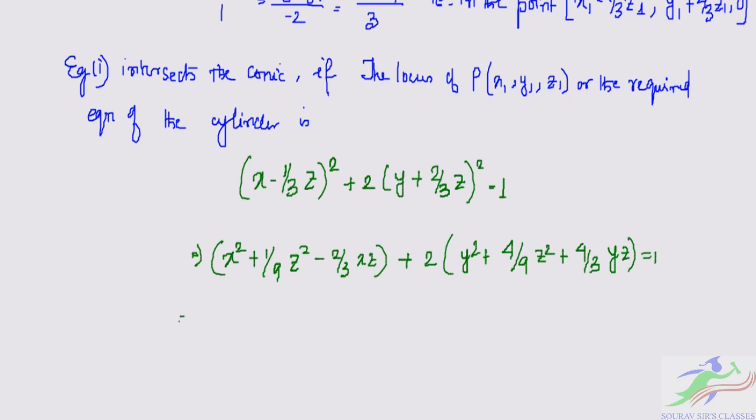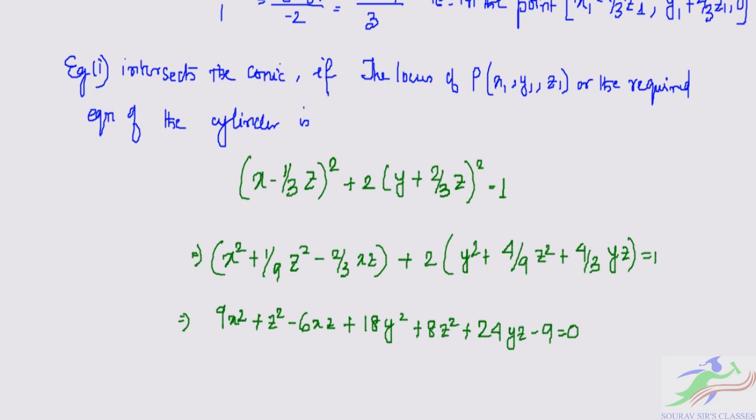Now further simplifying this, we will find that it will be 9 of x square plus z square minus 6xz, plus 18y square plus 8z square plus 24yz minus 9 equal to 0.